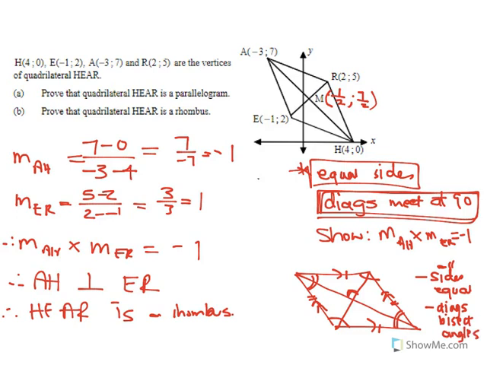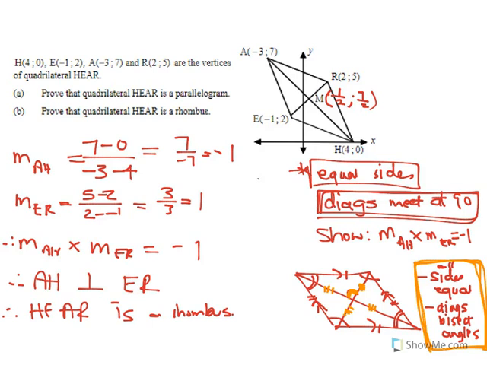Since it's a parallelogram, the other thing we already know is that this side is equal to this side, and this side is equal to this side. So these are the two things we still need to prove, to demonstrate that just knowing that these meet at 90 degrees proves that these are also true, right?